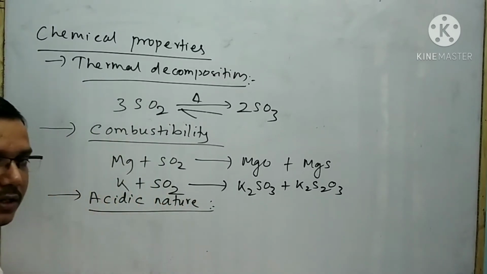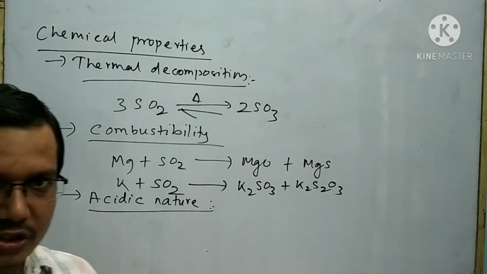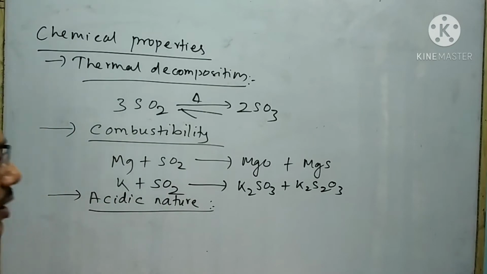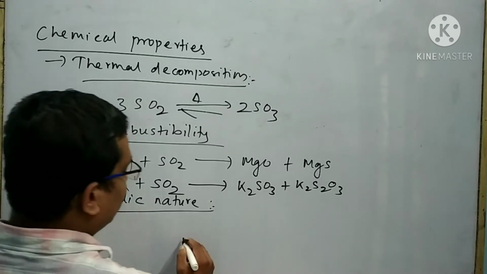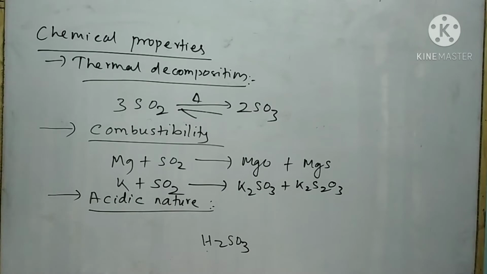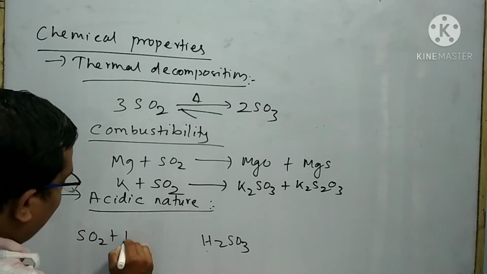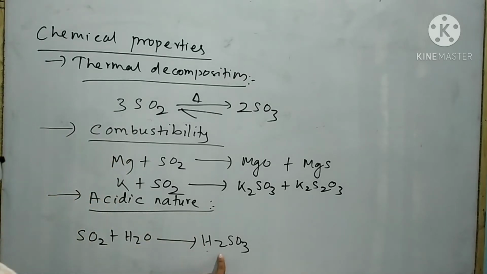Next chemical property is acidic nature. Sulfur dioxide is soluble in water and its solution is acidic in nature due to formation of unstable sulfurous acid. When sulfur dioxide dissolves in water, it produces sulfurous acid.